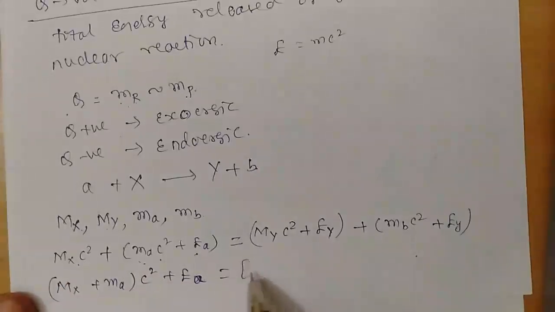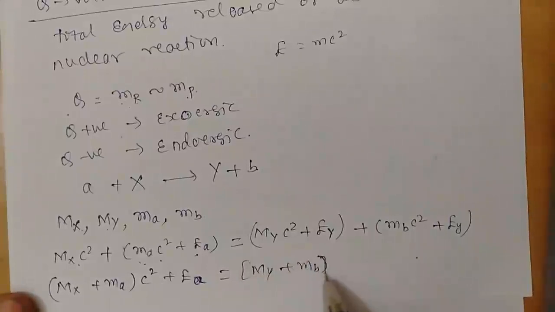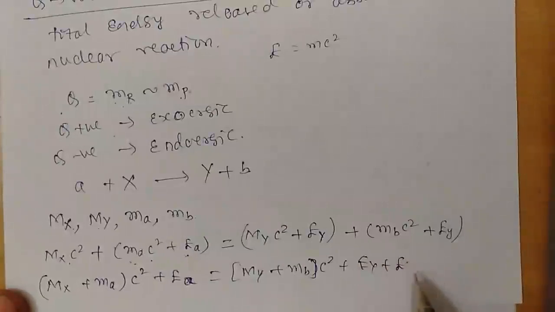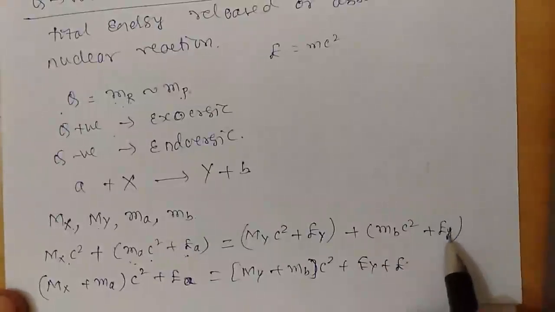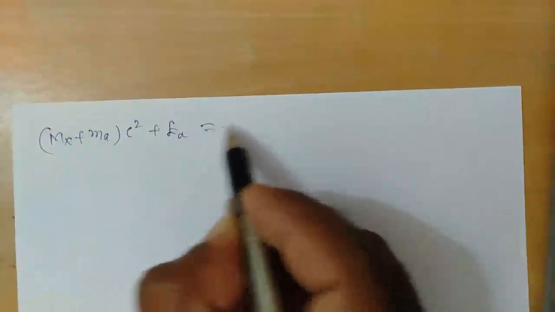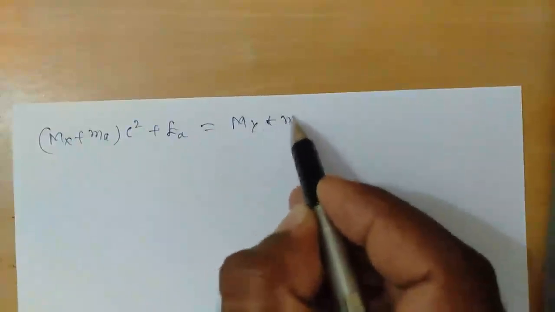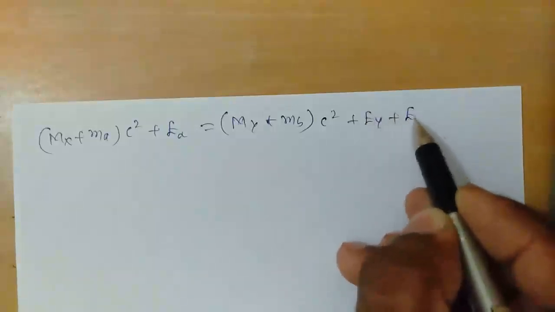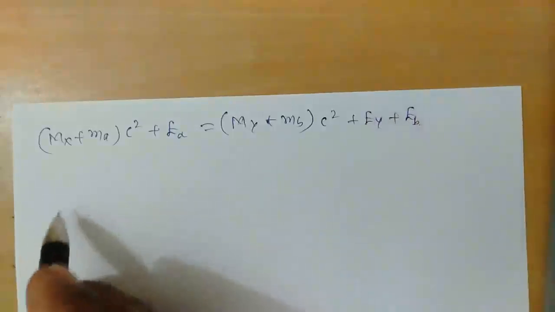This must be equal to (My plus mb) c square plus Ey plus Eb. So our previous equation was (Mx plus ma) c square plus Ea is equal to (My plus mb) c square plus Ey plus Eb.